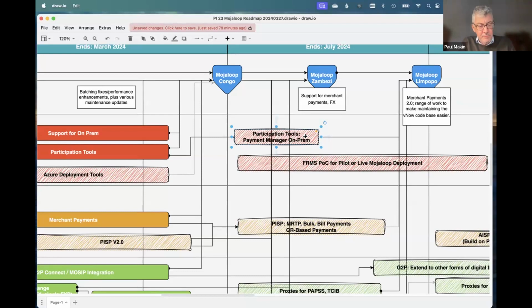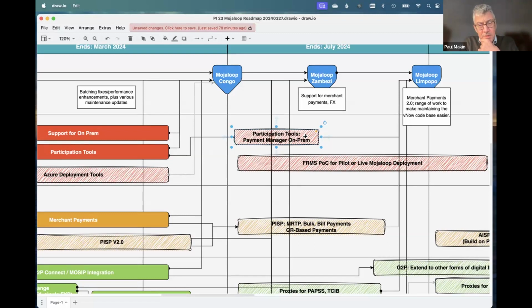And in the past, we've tried to make Payment Manager cloud-based, but that, aside from regulatory issues, also gives us issues with cost, because there's an ongoing monthly cost, obviously, for a cloud deployment of Payment Manager, and it's not insignificant for small FIs.